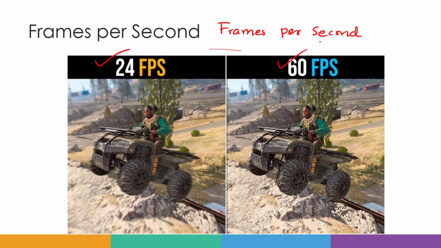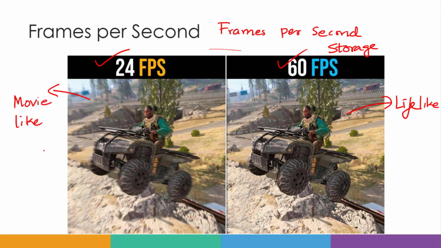But for 60 FPS, the storage will be very high because it requires more memory to store the 60 frames which are taken in 1 second. On the other hand, for 24 FPS the storage is less, but 60 FPS will give a lifelike motion, and 24 FPS will give us a movie-like motion.